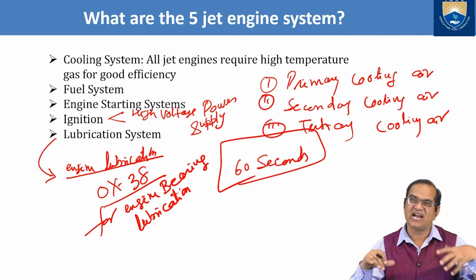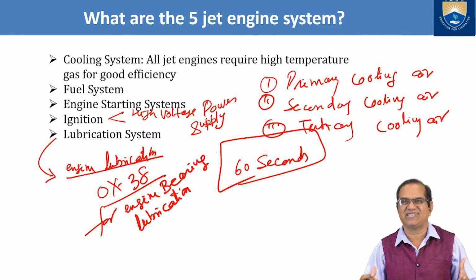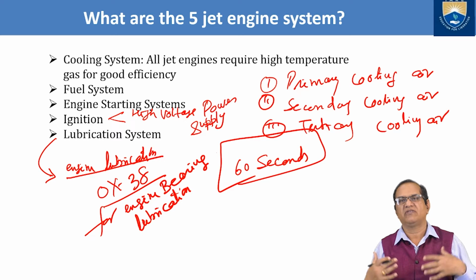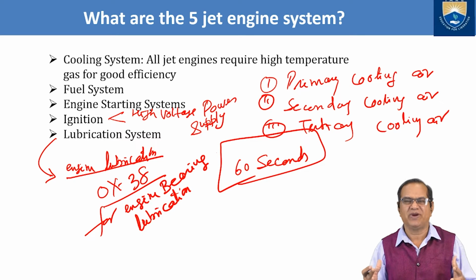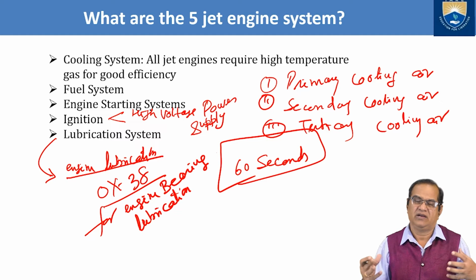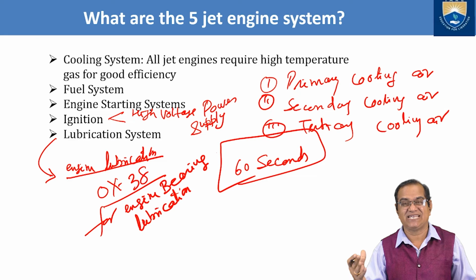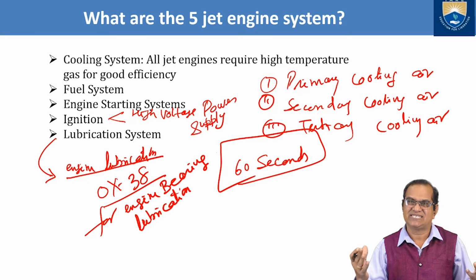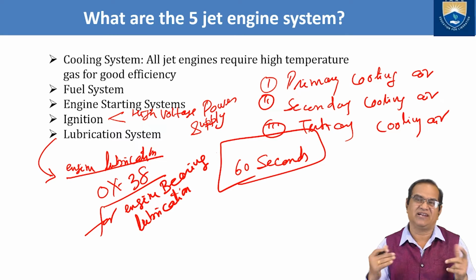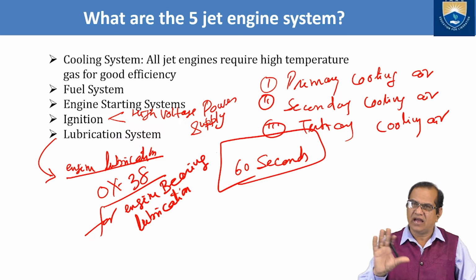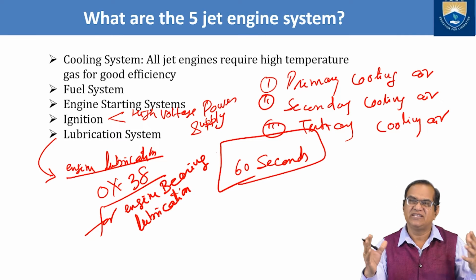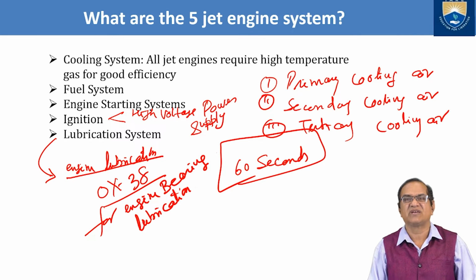From there, it has its own pressure pump, filters, pressure relief valve, and other equipment, return line, and pressure line. We also have sensors, pressure sensors, and gauges to monitor the pressure and the temperature. These other systems are also there, and in this way the lubrication system is formed.